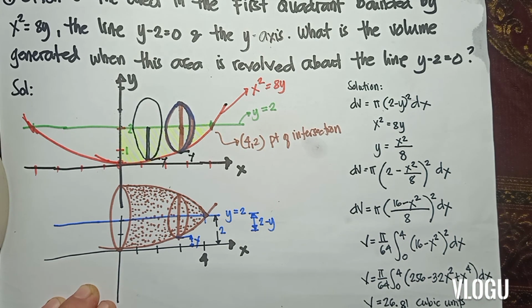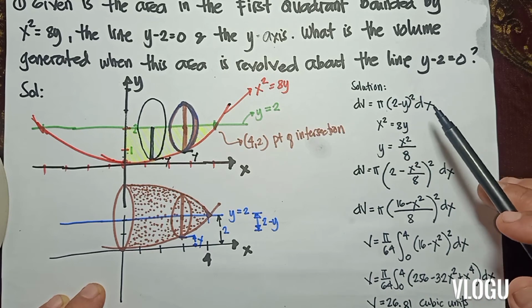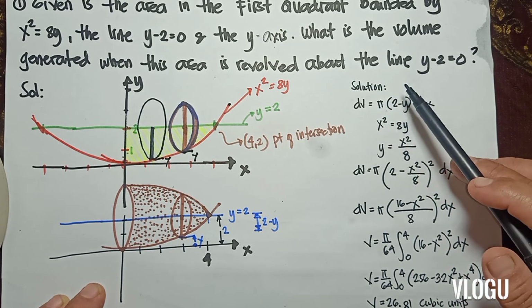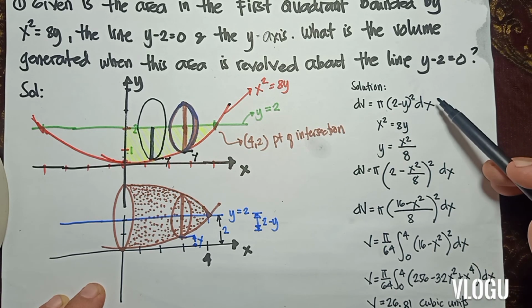Okay, solution. So, solution here, we have volume equal to pi times y up minus y down squared dx.